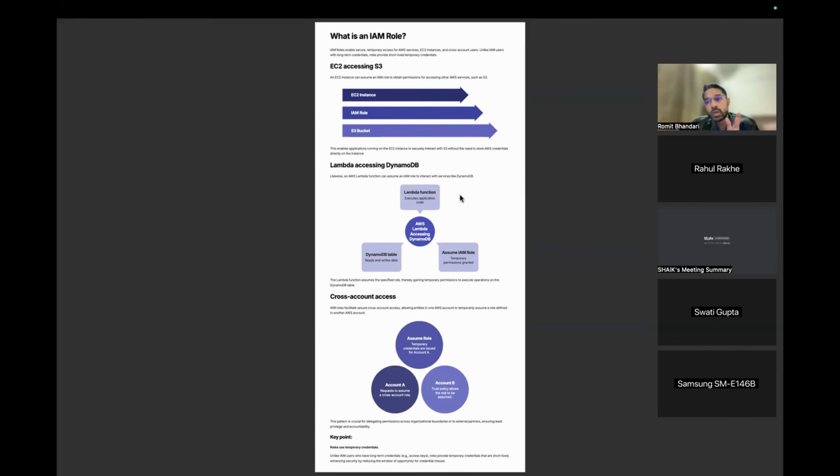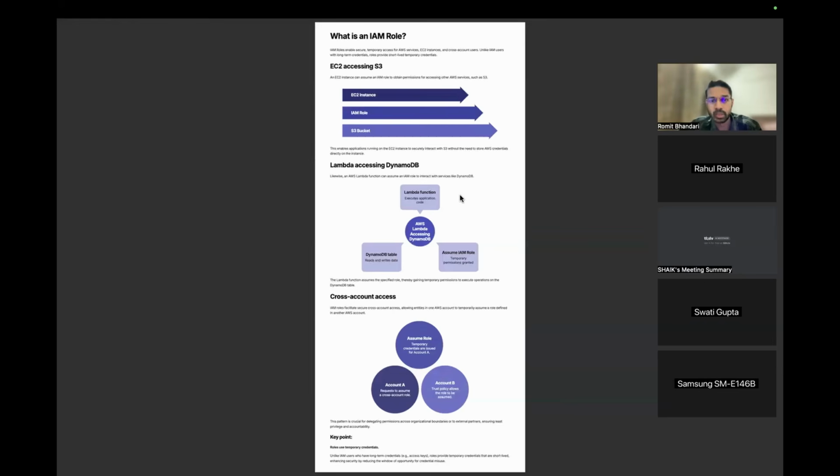So when EC2 is trying to access S3, EC2 would need to assume a role, and that role needs to have the permission to access the S3 bucket. For the same account, where resources are in the same account, generally bucket permission separately you don't require for any other service to call or access S3.